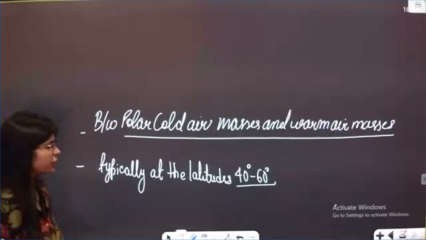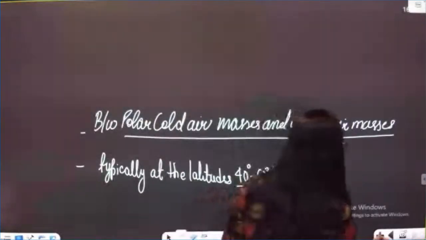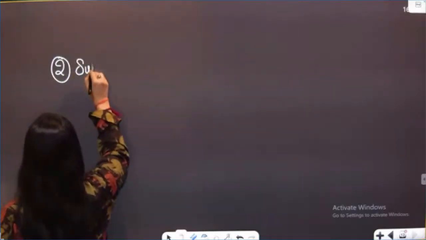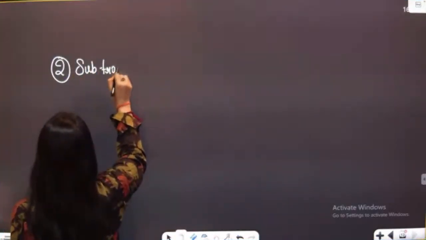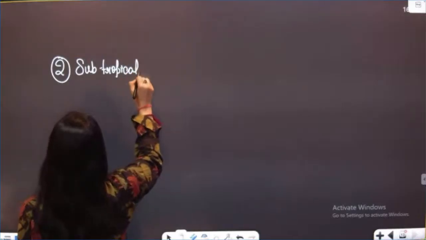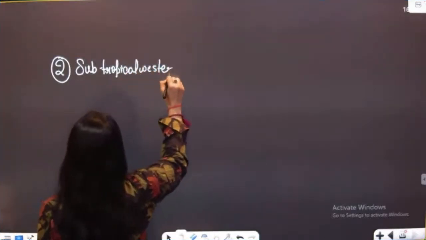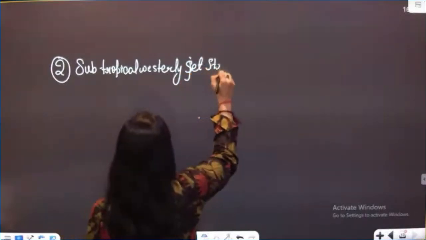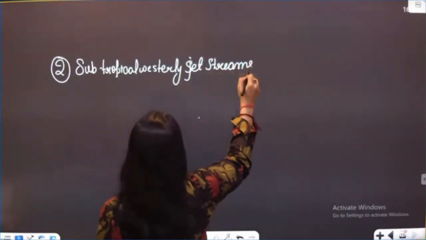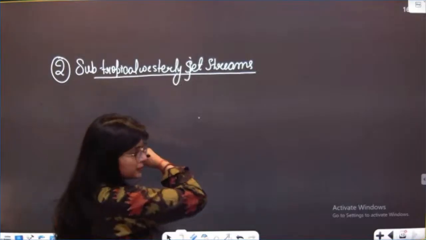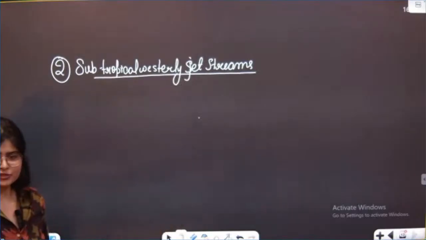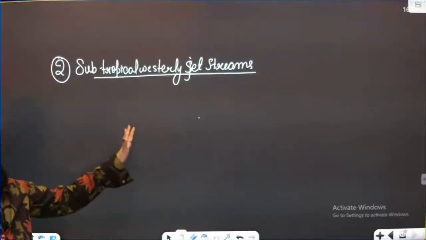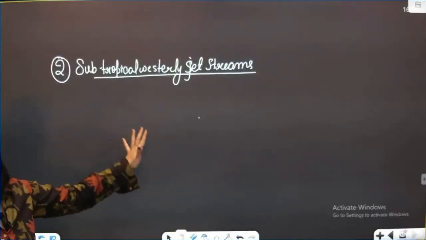Now write down about the subtropical westerly jet stream. Second, subtropical westerly jet stream. So these winds are coming from the west, right? West direction, that's why westerly, west to east.